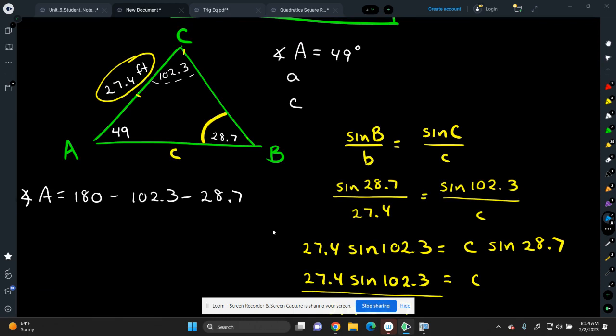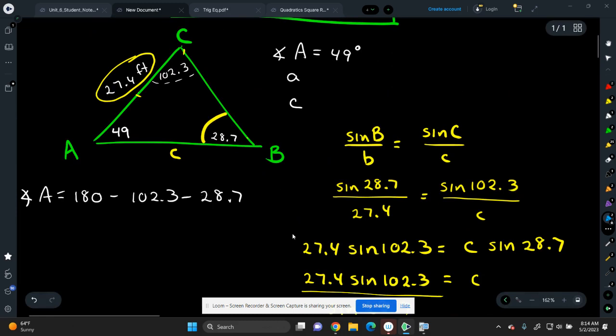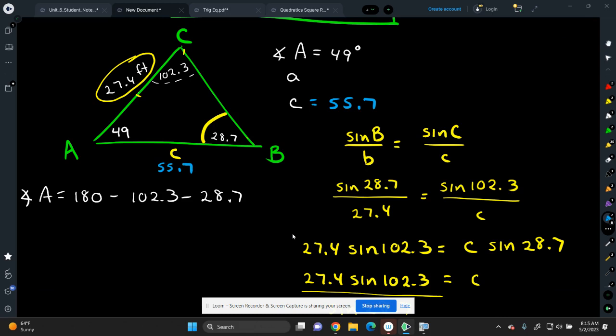So I'm going to round my answer to the nearest 10th. So 55.7. Okay. Any questions on that part?